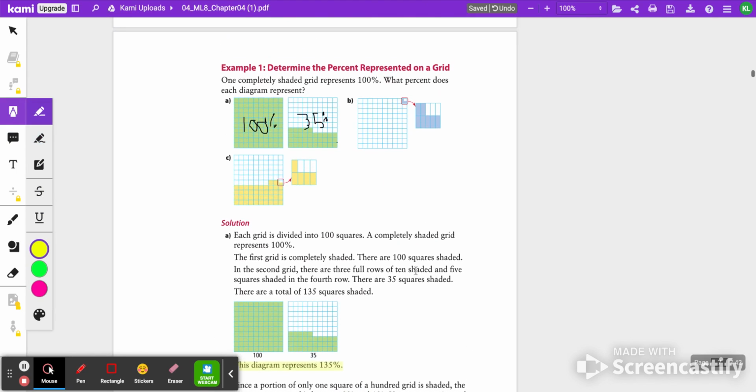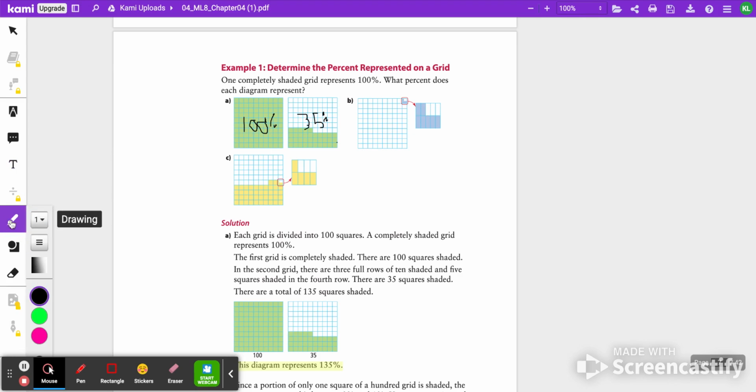Question B, I have less than a percent here. So what is my percent? Well, first I need to look at how many parts I have out of a whole. So the whole is 1, 2, 3, 4, 5, 6, 7, 8, 9, 10. There are 10 squares that make up the whole.